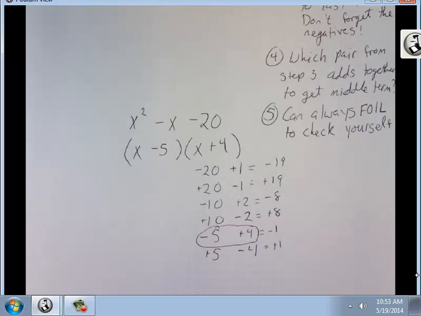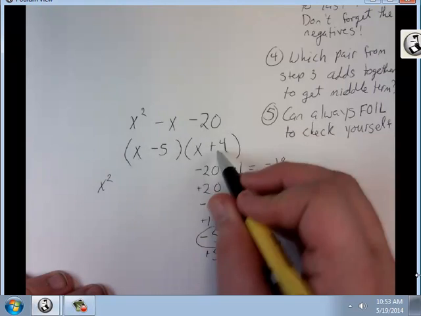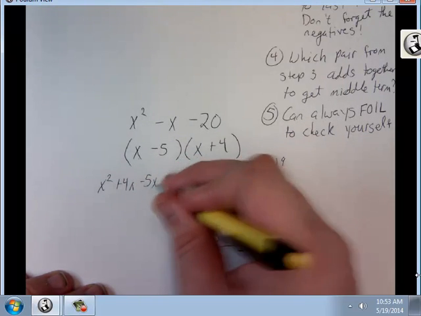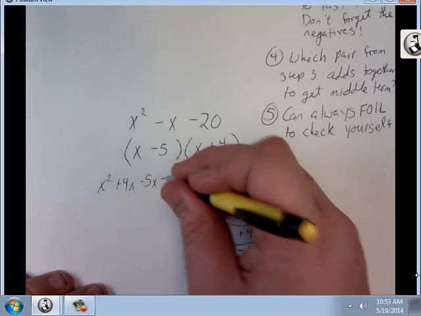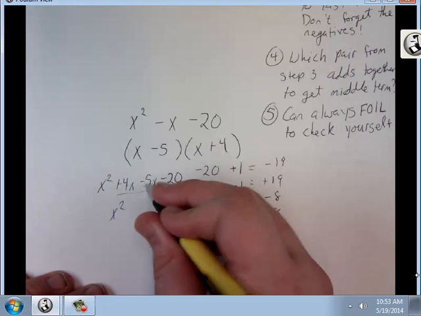And we can always FOIL this back. X times x is x squared. X times plus 4 is plus 4x. Minus 5 times x is minus 5x. Minus 5 times positive 4 is minus 20. These combine: x squared plus 4x minus 5x is minus x, minus 20.